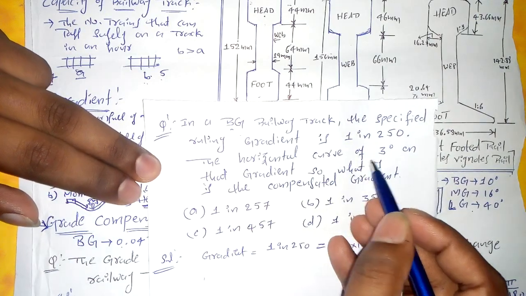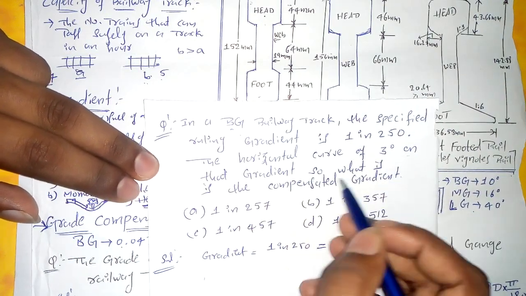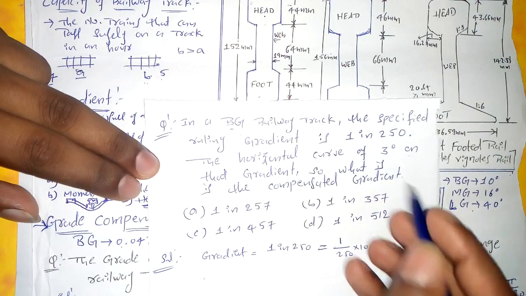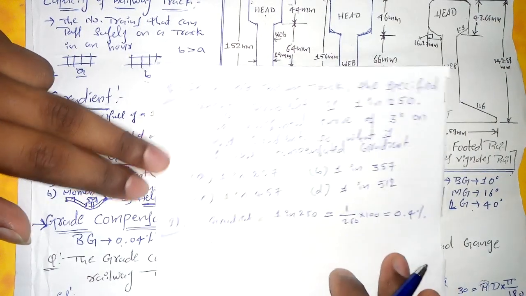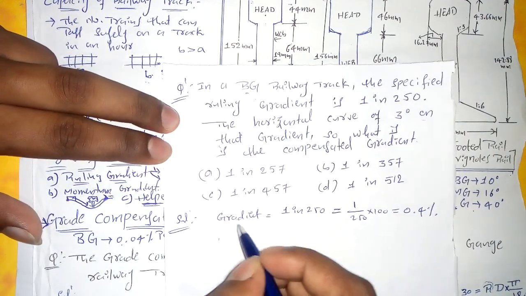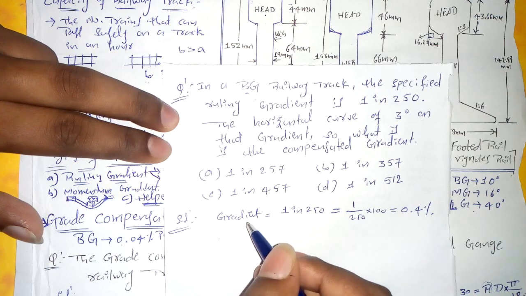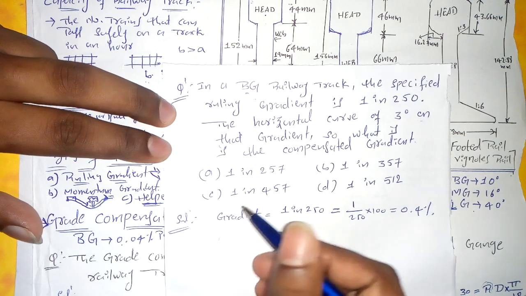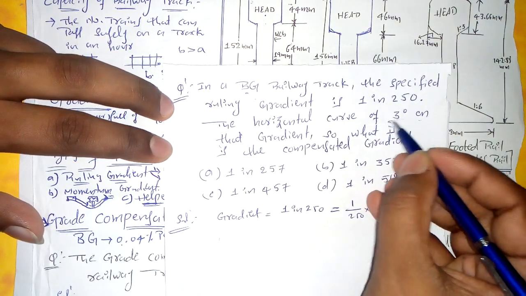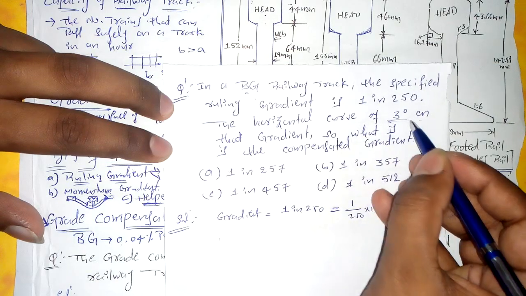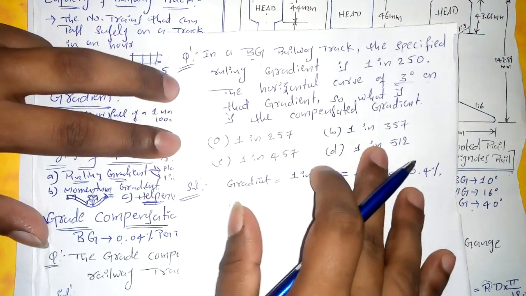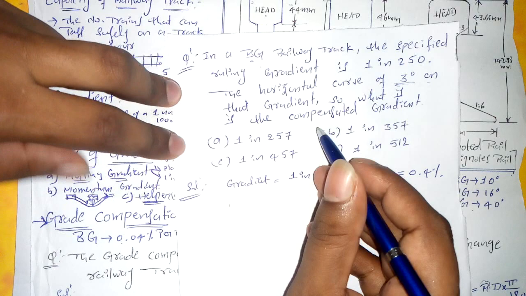The horizontal curve of 3 degrees is on that gradient. So what is the compensated gradient? They have given the actual gradient, and also the degree of the curve as 3 degrees. So they are asking for the compensated gradient.